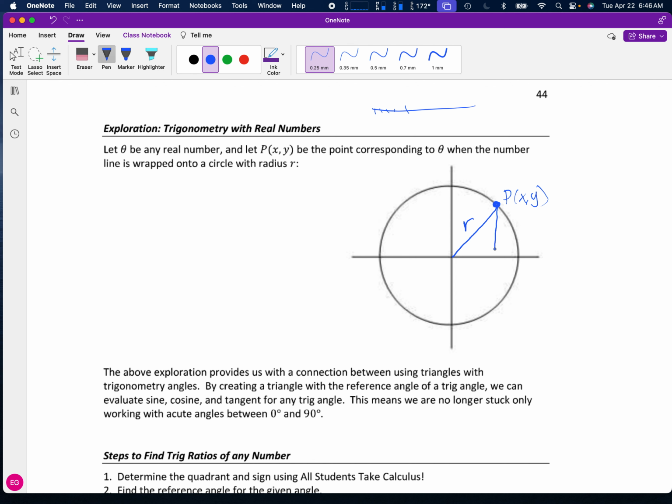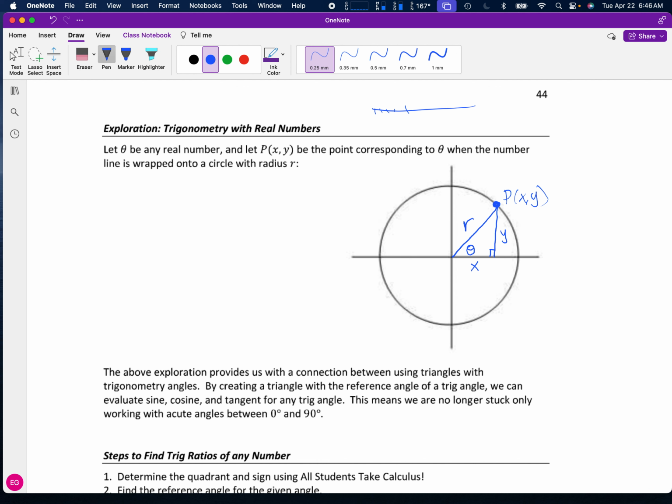Now, the way that points work is if I'm at the point (x, y), it means I went over x and I went up y. And so now I have a little right triangle here with side lengths of x, y, and r. And then what this theta value, letting the point correspond to theta when a real number line is wrapped, blah, blah, blah, is we let that be this little angle that's formed right there with the positive x-axis, okay?